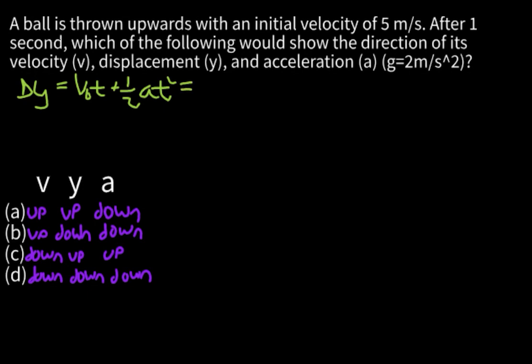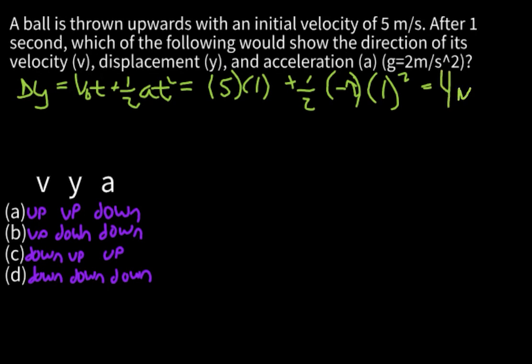Substitute in values, so that would be 5 times 1 plus 1/2, and we're going to call upwards positive, so that would give us an acceleration of -2, because acceleration points towards the center of the planet, times 1 squared, and that would give us a delta y of 4 meters above its launch position, and that would be upwards, so we can rule out choices B and D. And if we look at choice C, notice that it says that its acceleration is going to be upwards, and we clearly know that is obviously wrong. So that means choice A is the correct answer.